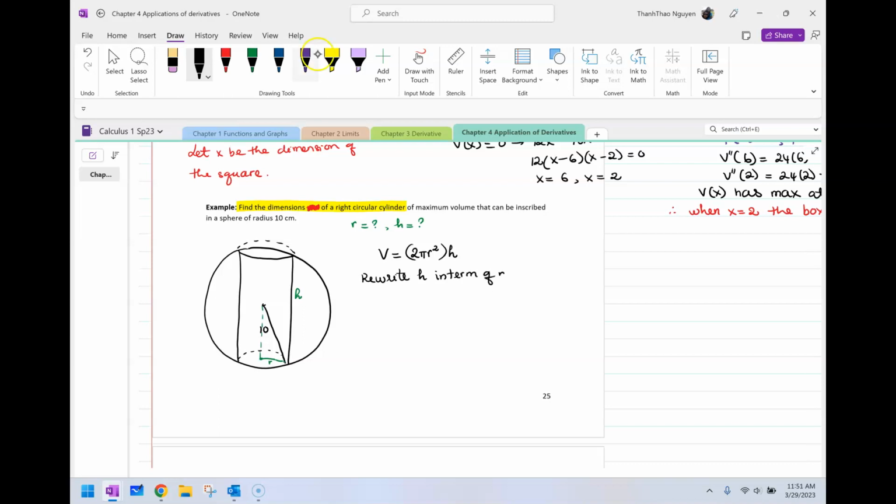Okay. So if you take a look at this right triangle, at this piece of the cylinder, I don't know why I keep on saying cone. So if this is the right circular cylinder, then the height of that triangle is h over 2.